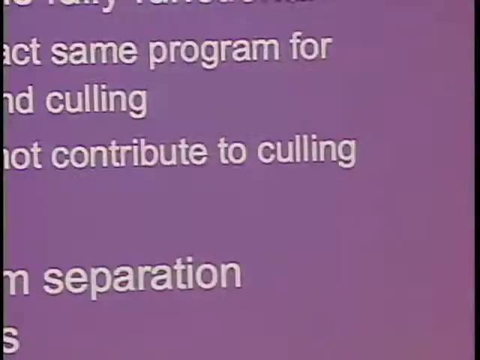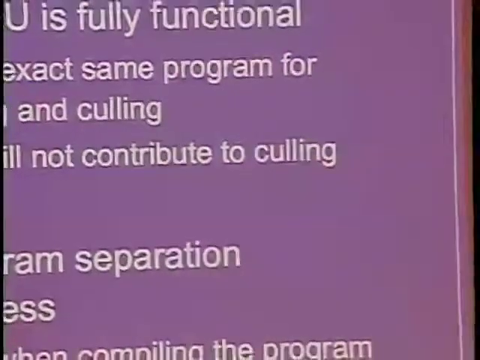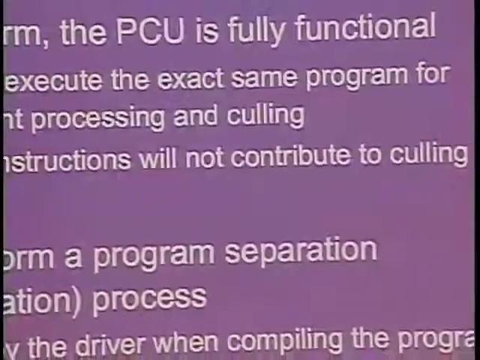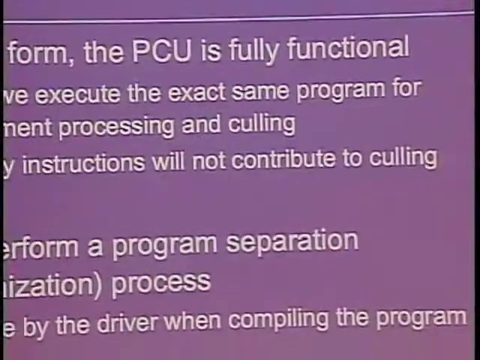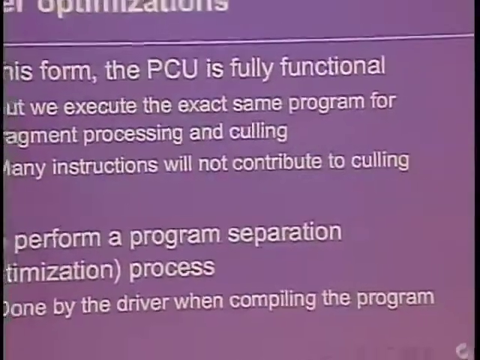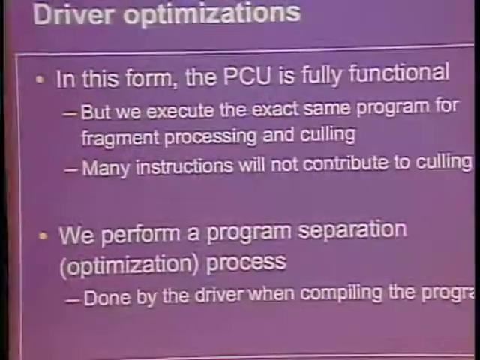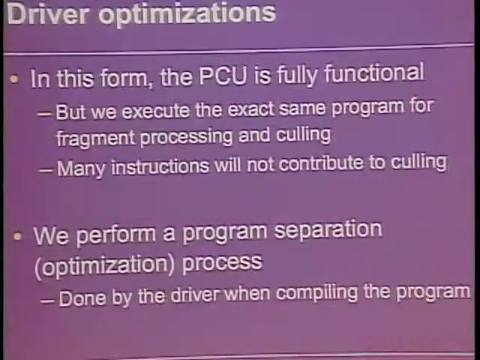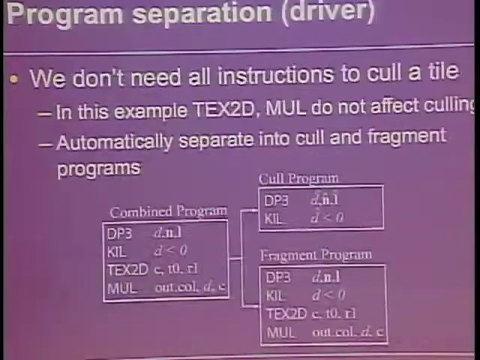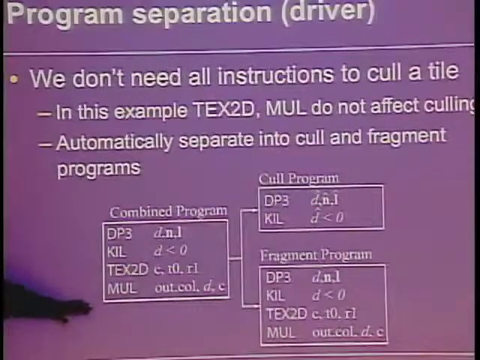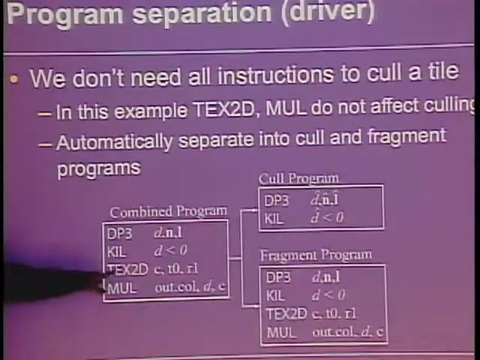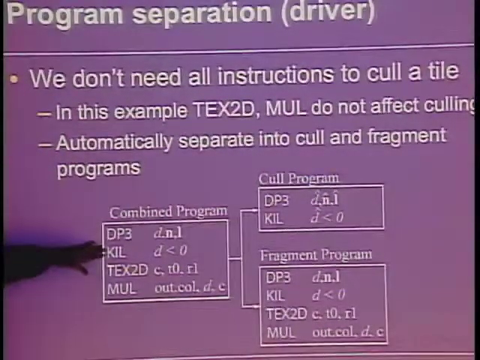The other cool thing they did is more on the software side. They said, well, we run the culling program over the entire fragment program, except we use interval arithmetic instead of regular arithmetic. But maybe that's kind of dumb, because there's a lot of instructions that don't lead to doing culling at all. If we look at this program here, we have all these other instructions that don't contribute to this kill at all.